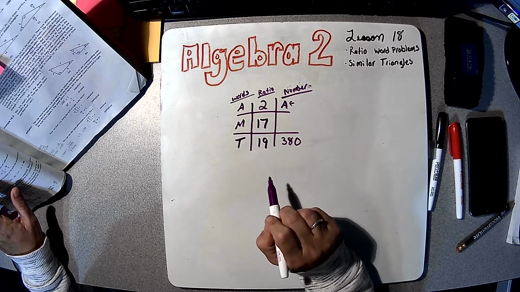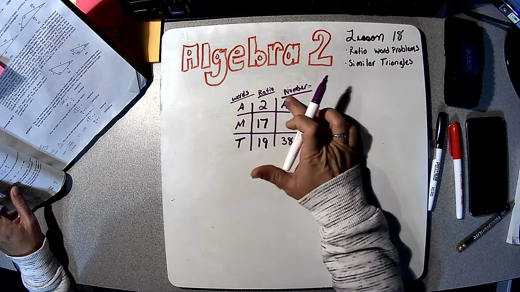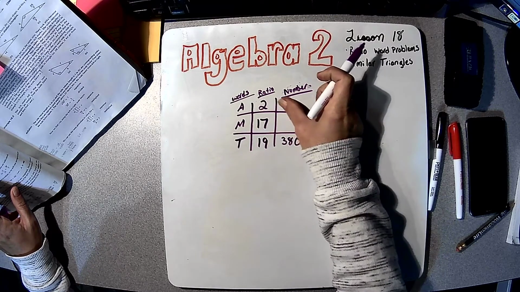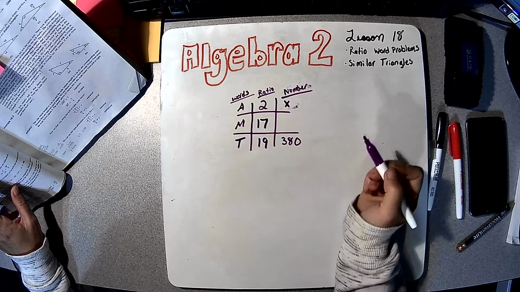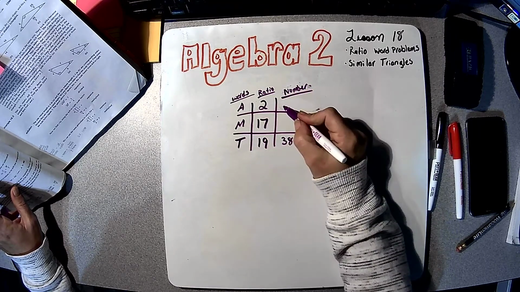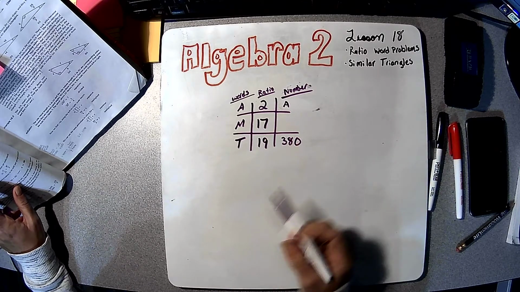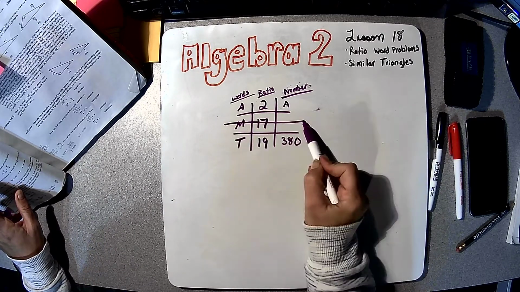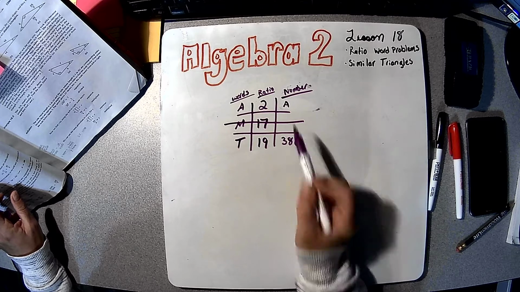Number of Arabians. Okay? We could represent that with an X if you want, or we could represent it with an A. I like to use the letter of what we're looking for, so I'm going to say A. All right, so then we're not going to be using this. We'll cross out the one with the missing information.